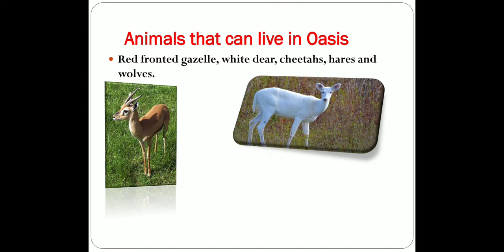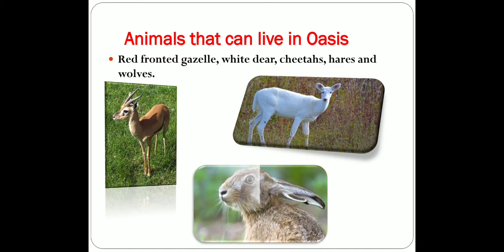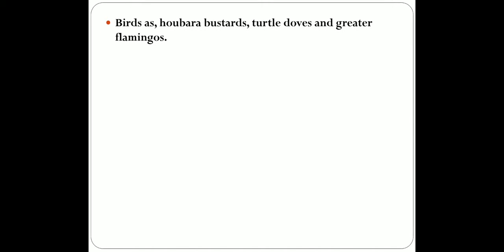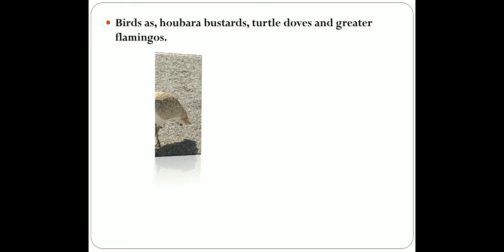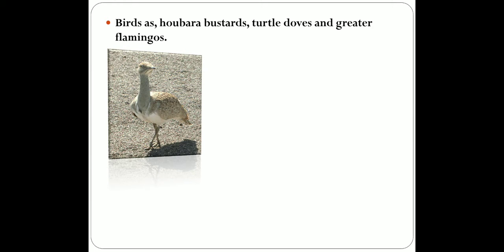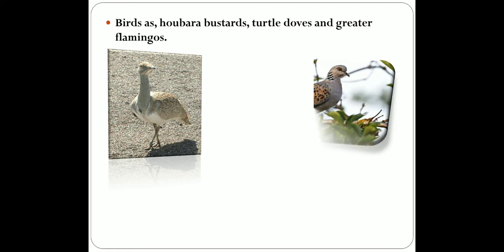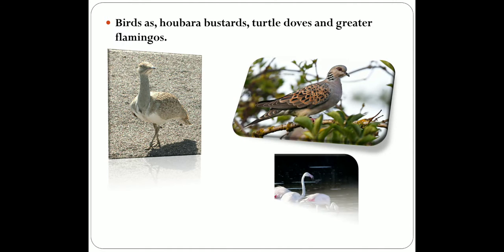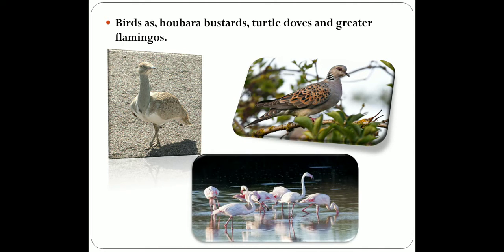The birds are like the Houbara bustard, this is what the Houbara bustard looks like, turtle doves, and greater flamingos. These are the types of birds and animals that can grow and live in the oasis.